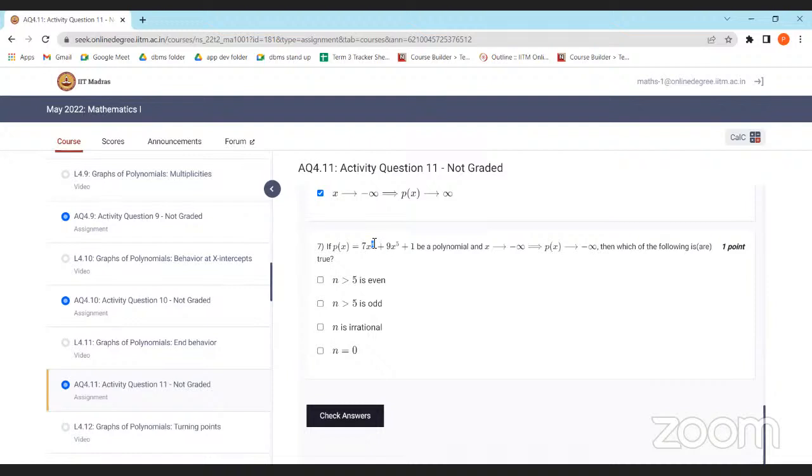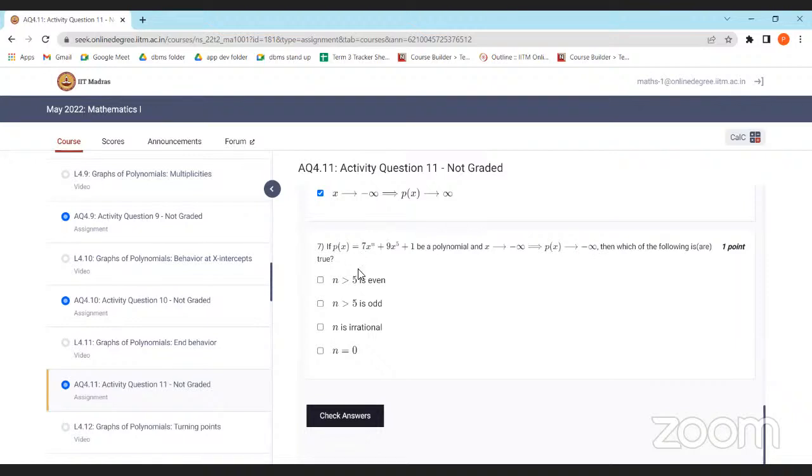See, if the degree n is, say, 2, and even if we put, say, -2 instead of x, the function will still be even because it is x squared. So in that case it will not go towards minus infinity.